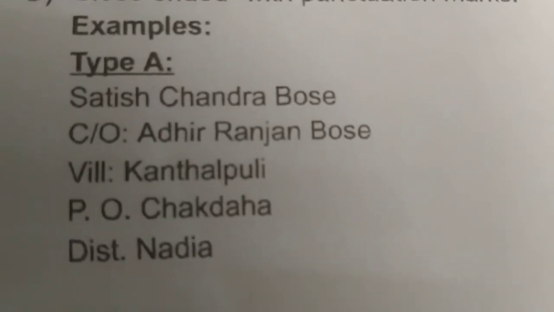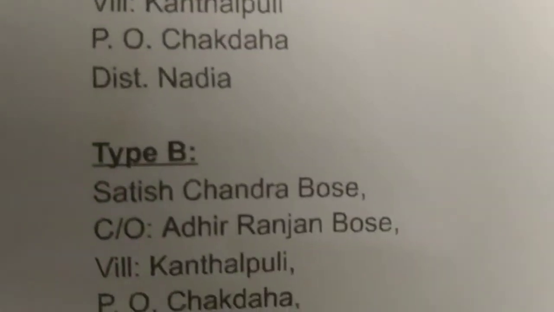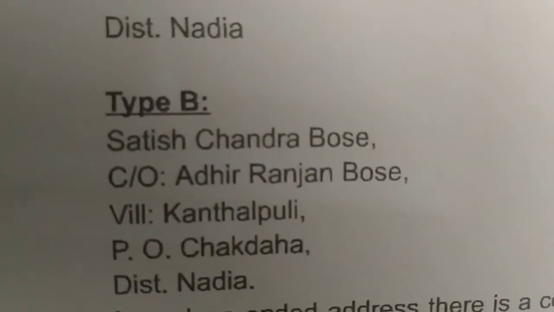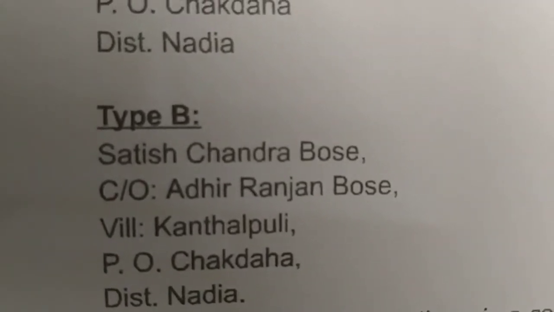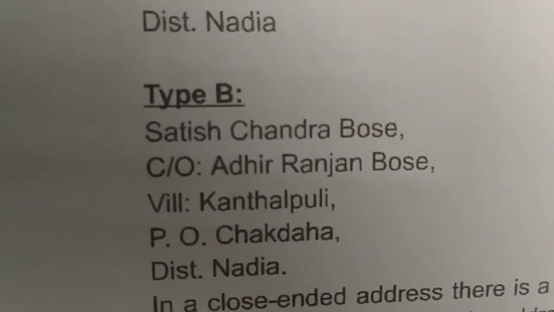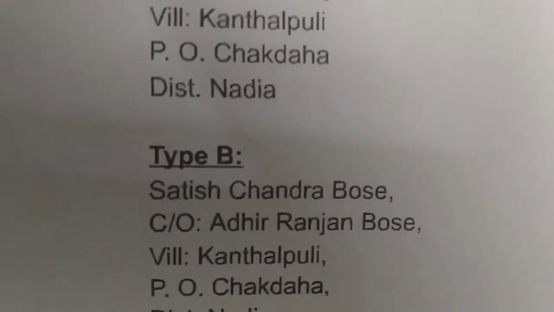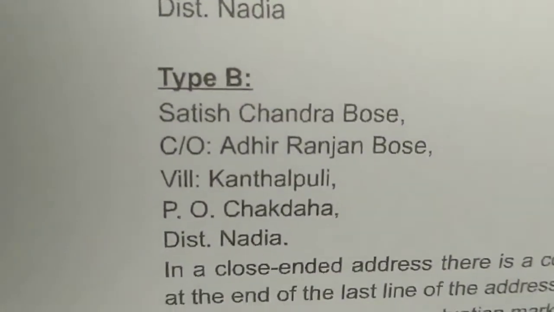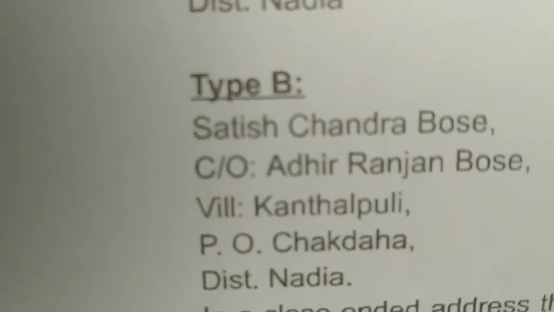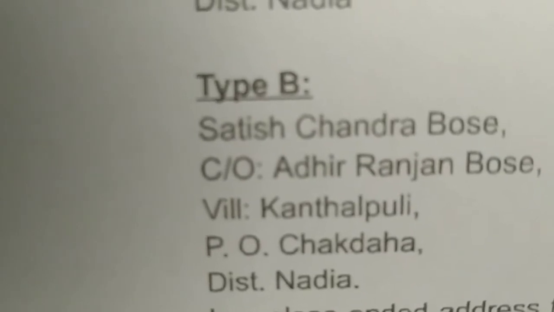Now look at the B type address, that is close-ended address. This is close-ended address. Look here, there are commas at the end of the initial lines and a full stop at the end of the last line.